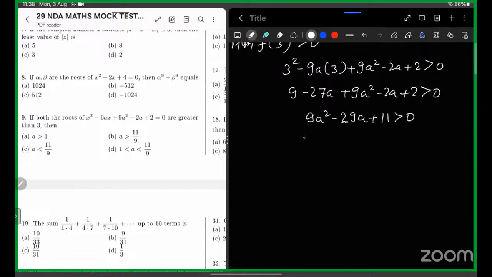So what are the two roots? 9 into 11, 99, and difference should be 29. So 333, 11 into 9 into 9, 11 into 3, 33 minus 3. Fractions we are getting. It is not a perfect square.